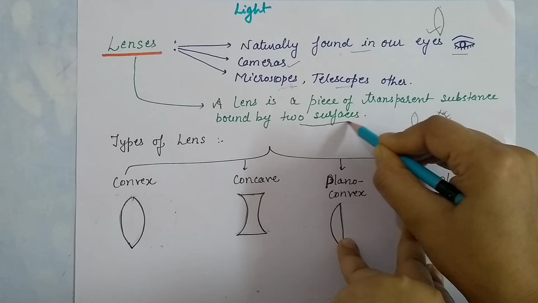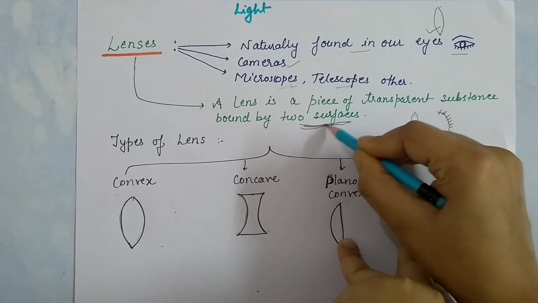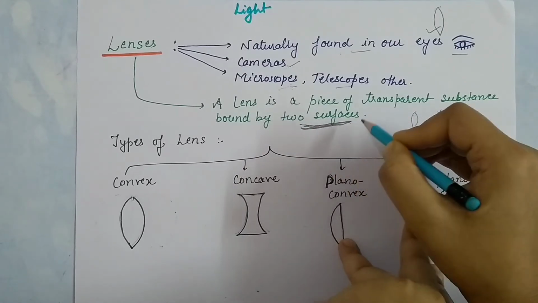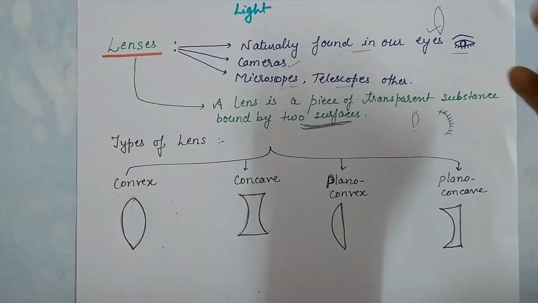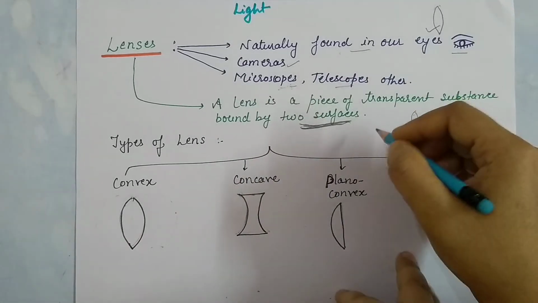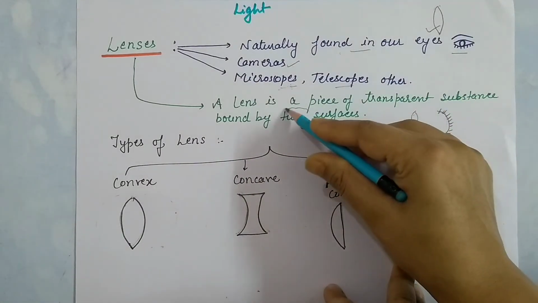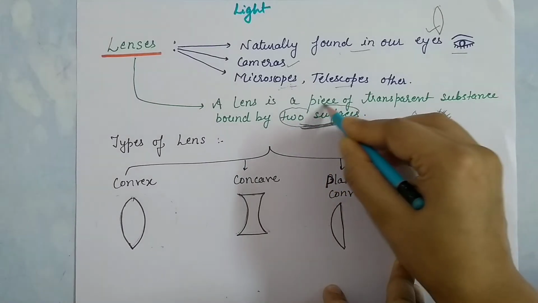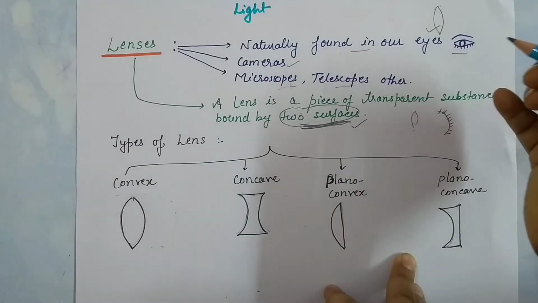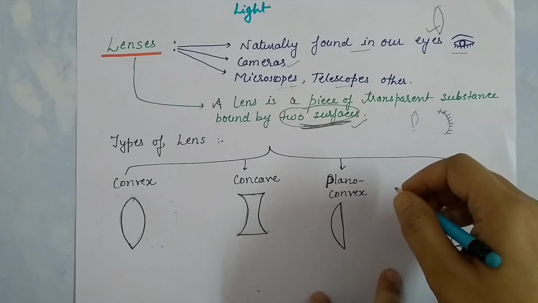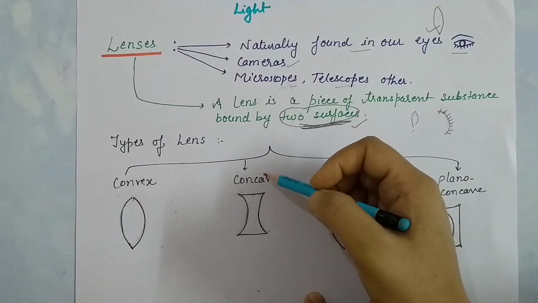It is very important that a lens must have two surfaces.